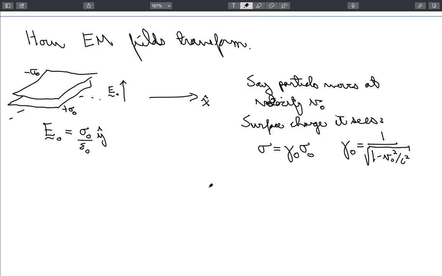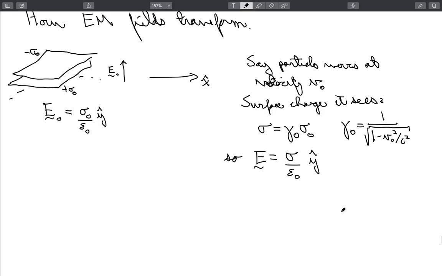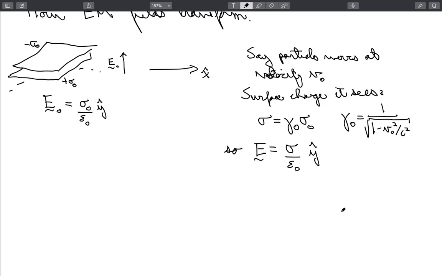So that means that the electric field seen by the particle is now, again given by Gauss's law, but with this corrected surface charge density, so sigma over epsilon 0, but now again along the y-axis. I can rotate this whole construction along the y-axis and it doesn't change at all.